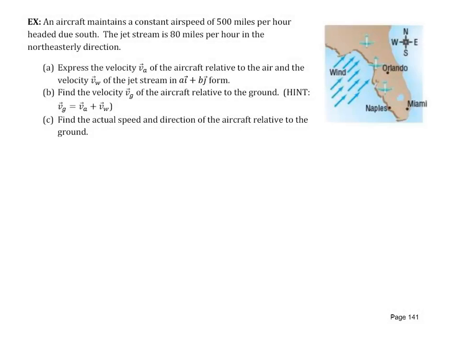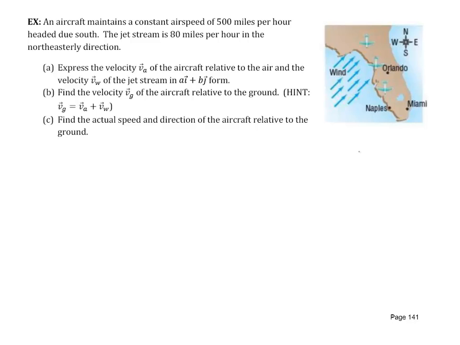In this example, we have an aircraft maintaining a constant airspeed of 500 miles per hour headed due south, but the jet stream is applying a velocity of 80 miles per hour in the northeasterly direction. We will assume then that the resulting vector is the sum of the two vectors acting on the plane.